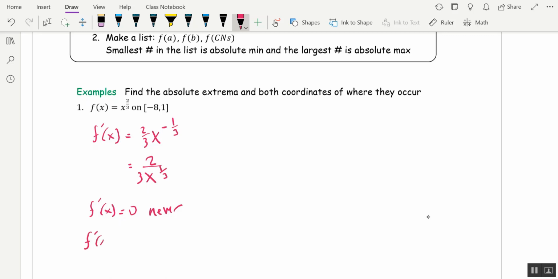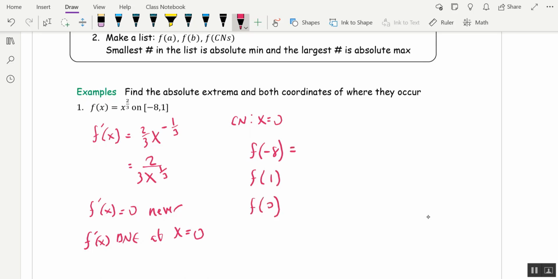But f prime of x does not exist at x equals 0 because that's when the denominator is 0. So we have one critical number, x equals 0. So now we make a list: f of the two endpoints, -8 and 1, and the order you put these in doesn't matter, and then f of the critical number, which is 0. So we evaluate f at those three numbers.